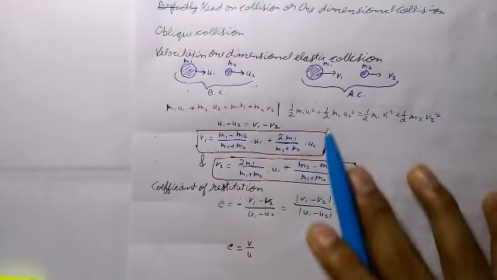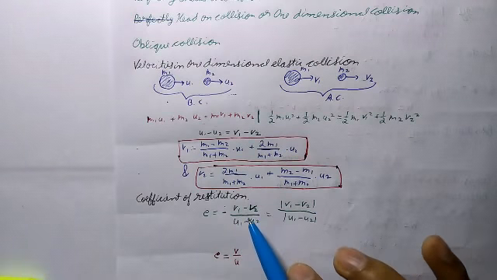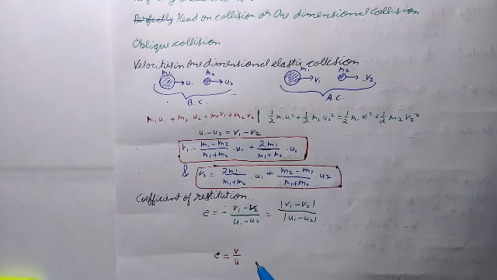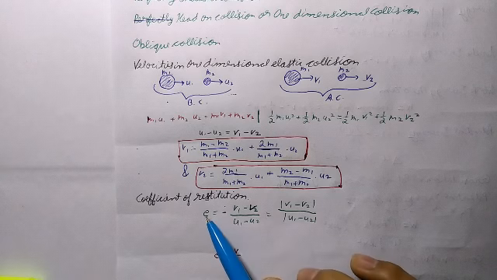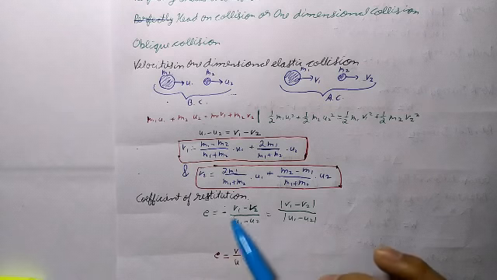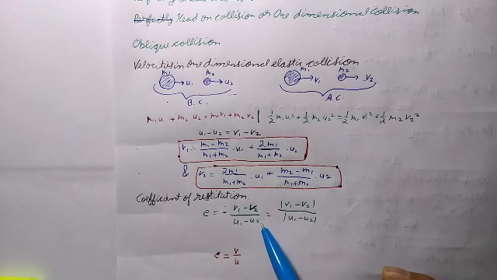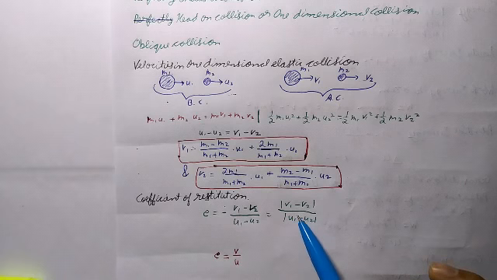Now the last topic is coefficient of restitution. The coefficient of restitution for a collision between two bodies is the ratio of the magnitude of their relative velocity after the collision to the magnitude of their relative velocity before collision. So we can write this coefficient of restitution e equals minus (v1 minus v2) upon (u1 minus u2), and we put modulus here.